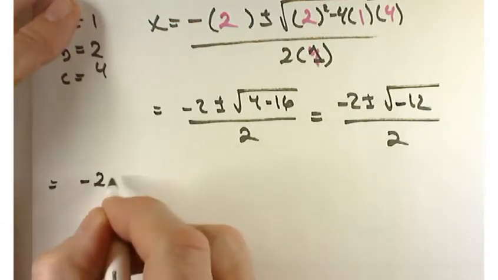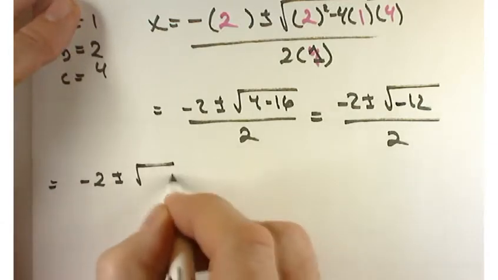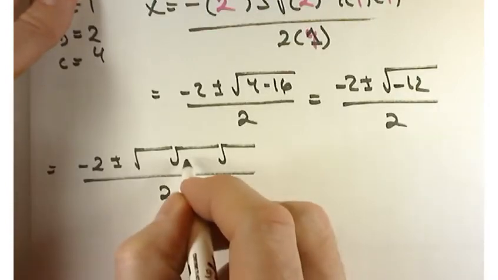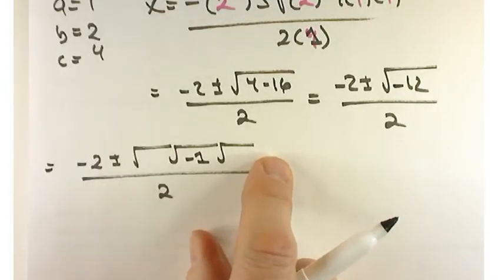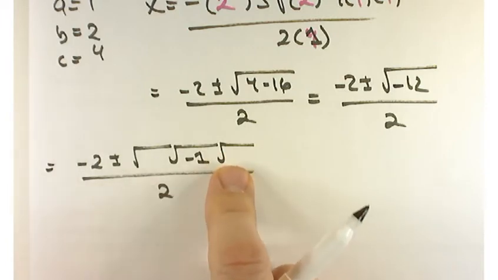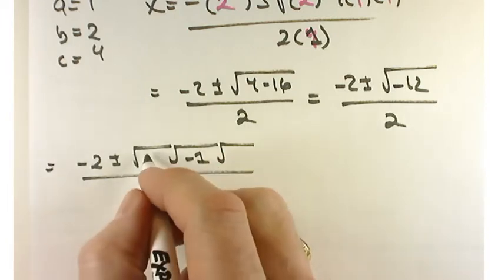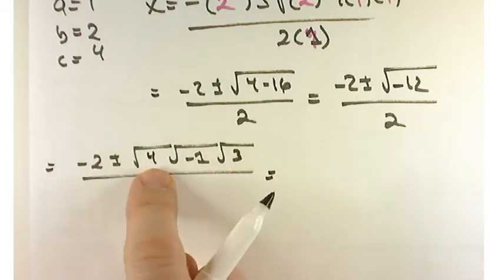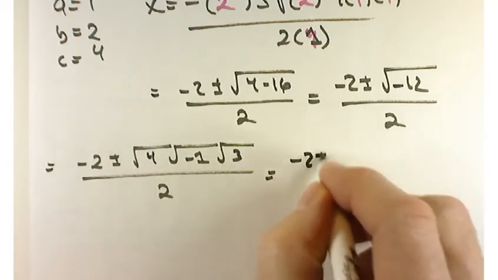Let me split that up into 3 radicals. I like to put -1 as the middle radical. What can I put as these other 2? 4 and 3 respectively. Nice. So you put a perfect square out in front. Thanks, gentlemen.